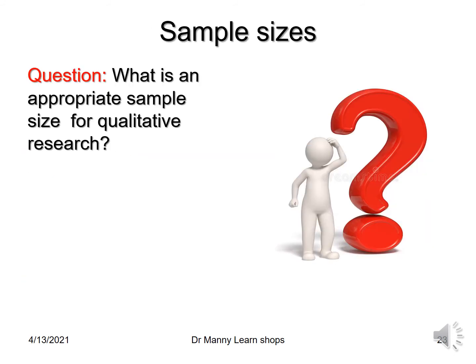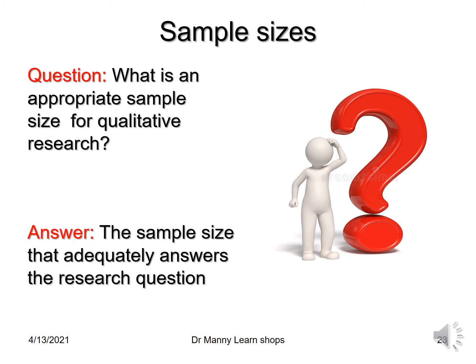So here's a question for you to consider in relation to sample size. What is an appropriate sample size for qualitative research then? Is big better? Is small unacceptable? Do you need a formula to calculate the sample size?